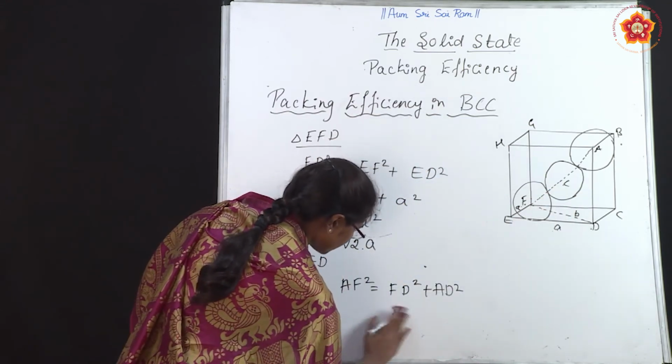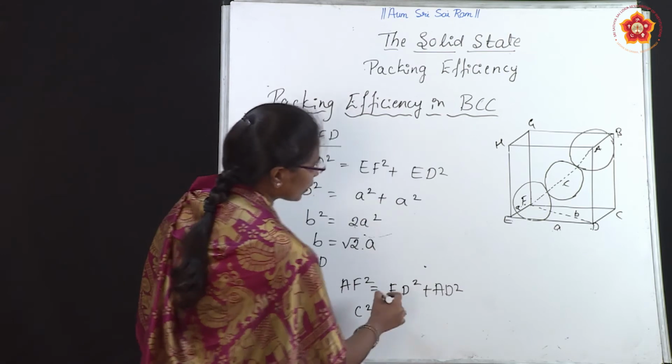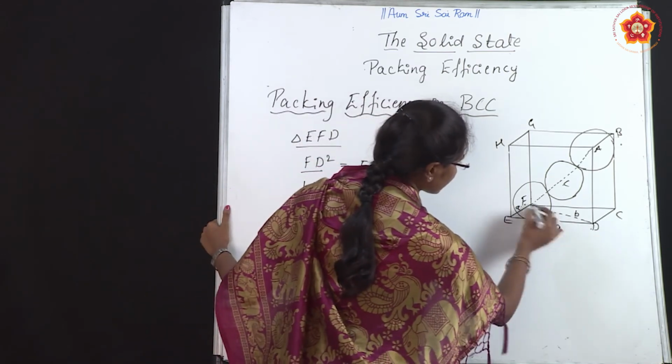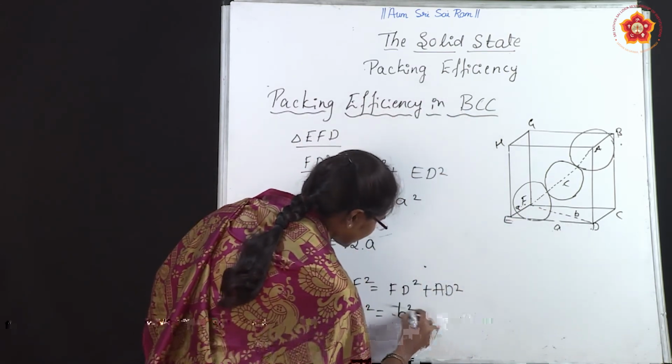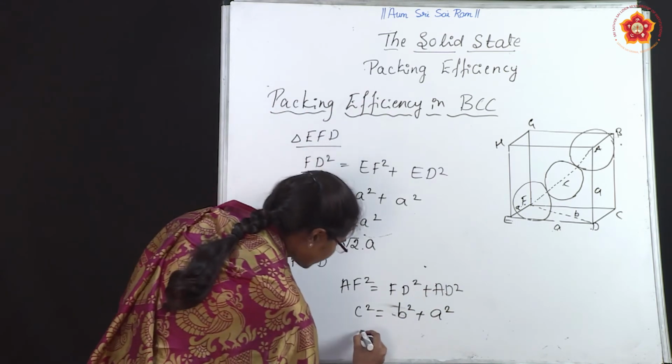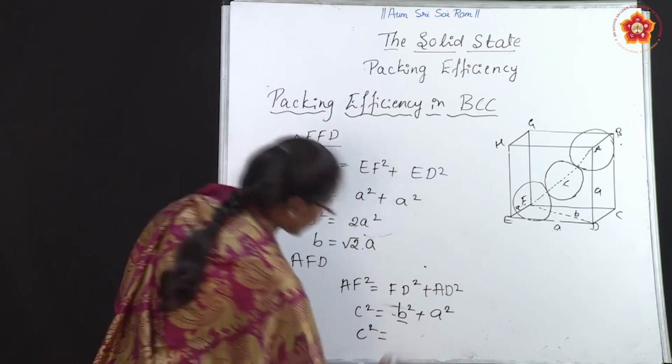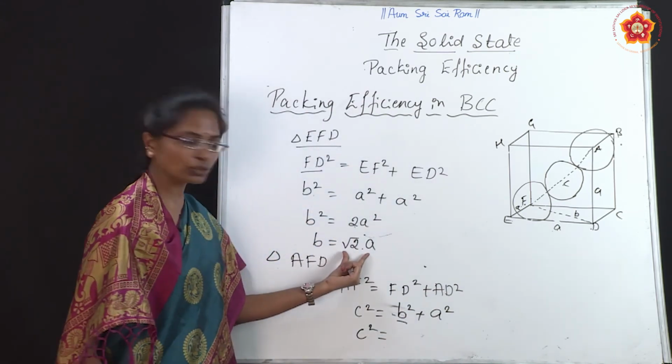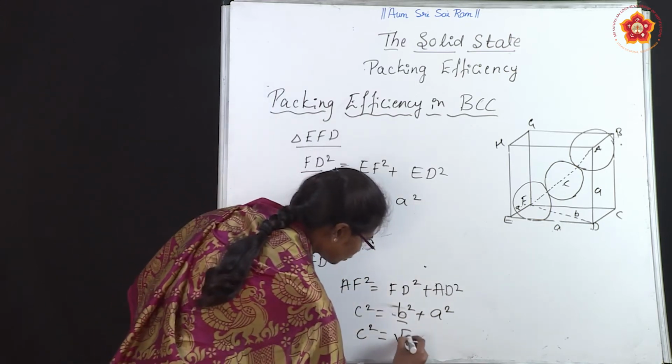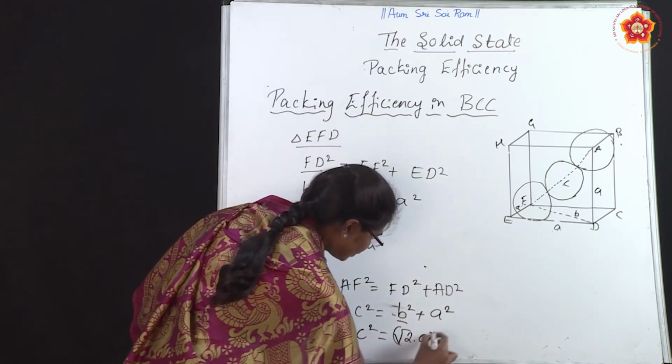So C square is equal to, what is the FD? FD is B square plus AD is again edge length, that is A square. Okay, A square. So now C square is equal to, what is the B value here? B value is root 2 into A, root 2 into A square plus A square.